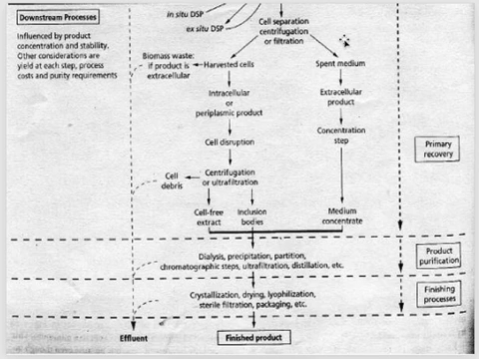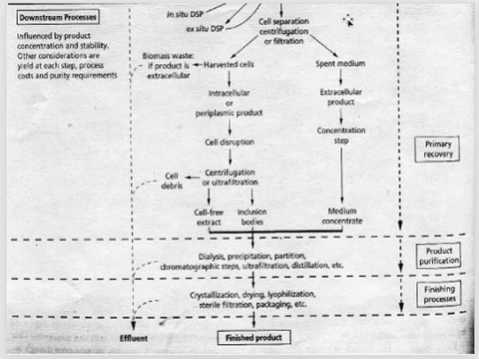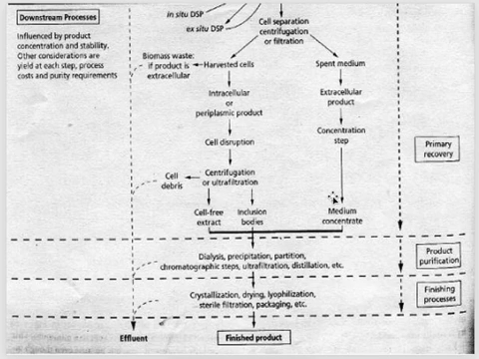Anyway, you harvested your media, and if your product is extracellular, it's in the media. Then you have to concentrate it. This is important because now you have 1 lakh liters of product, and it's very tough to deal with this big amount. So you need to concentrate it.